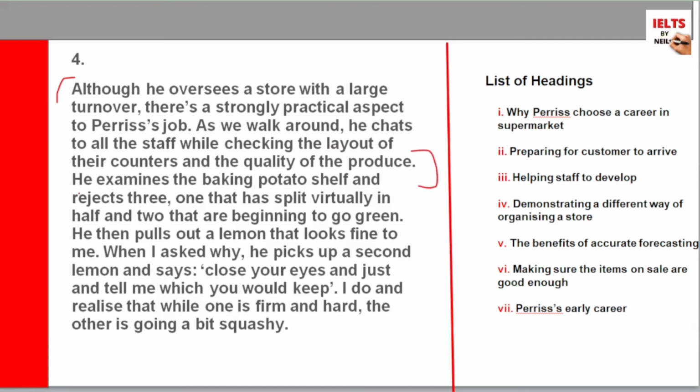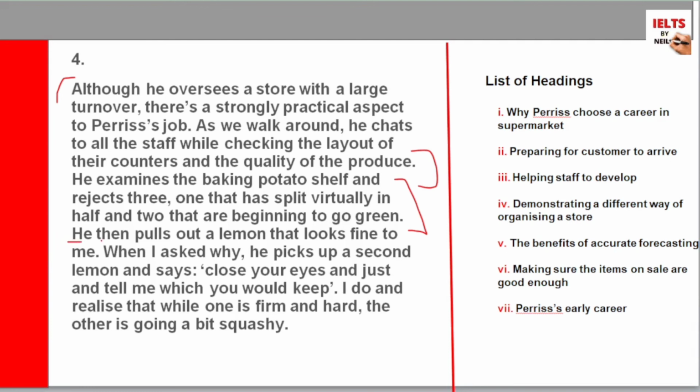Reading ahead, he examines the baking potato shelf and rejects 3, one that has split virtually in half and 2 that are beginning to go green. Okay, here they are talking about how Paris has rejected 3 potatoes, 1 because it was split virtually in half and 2 because they were going to go green.